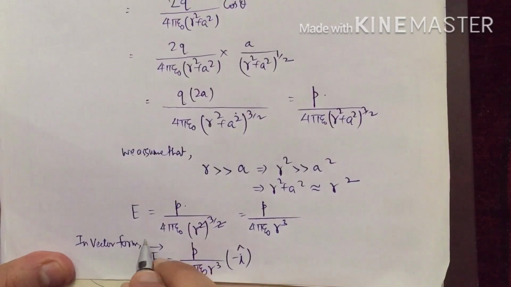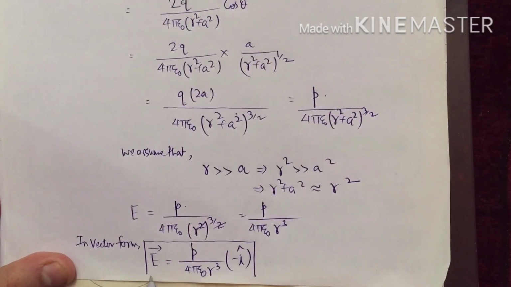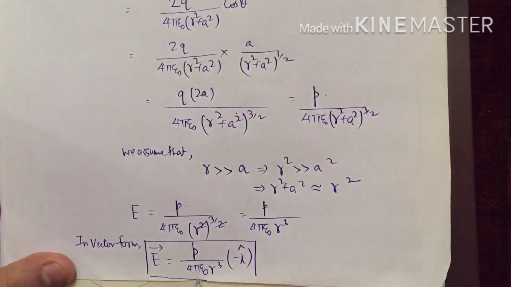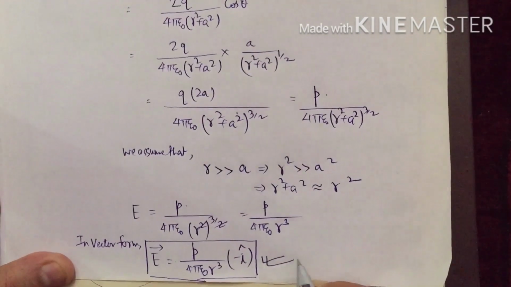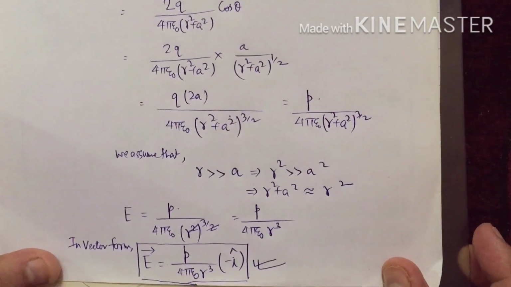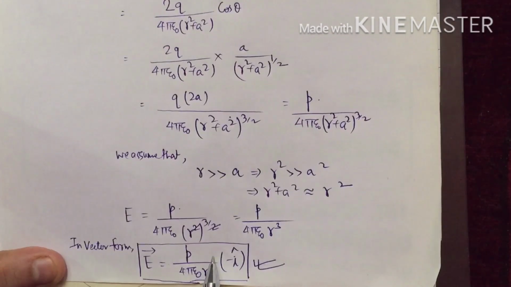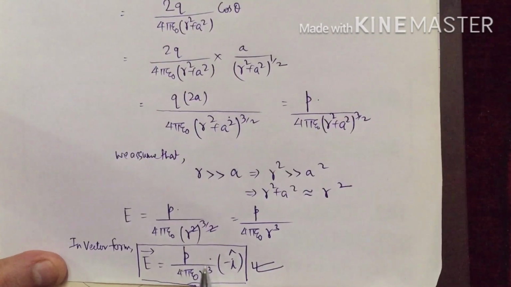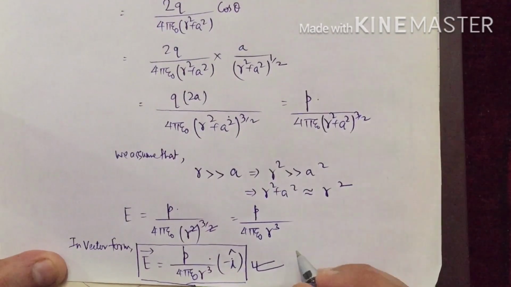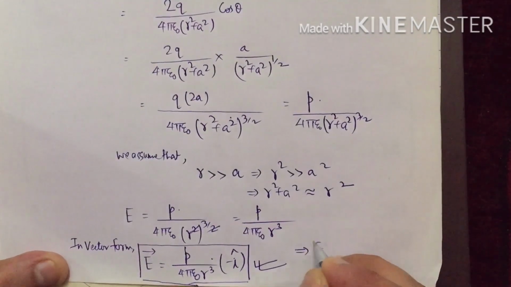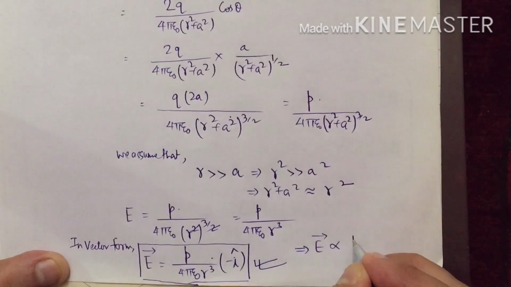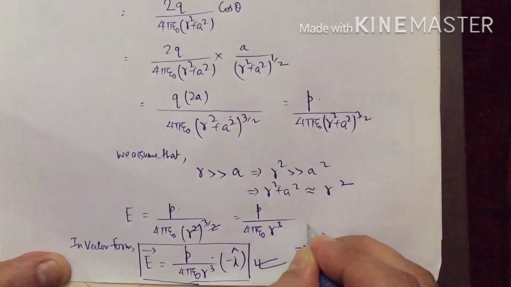So this is the expression for the electric field at any point on the equatorial axis, which is along the negative x-axis. We can also see that the electric field due to the dipole is still varying as 1 by R cube.